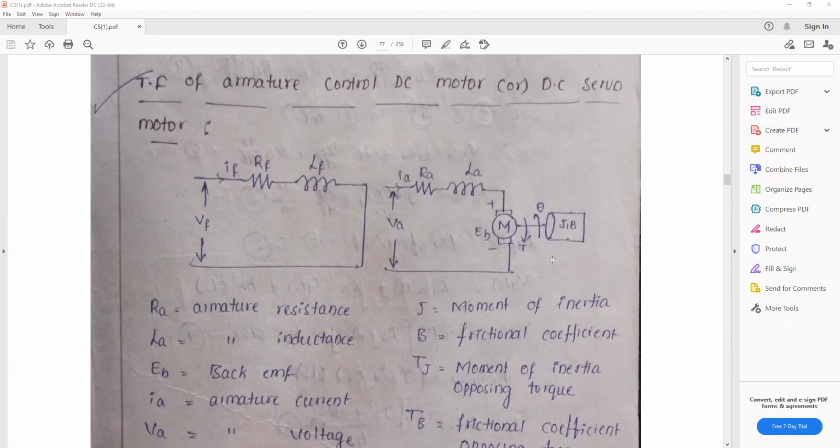J is the moment of inertia, B is the frictional coefficient, and this is the connecting load.